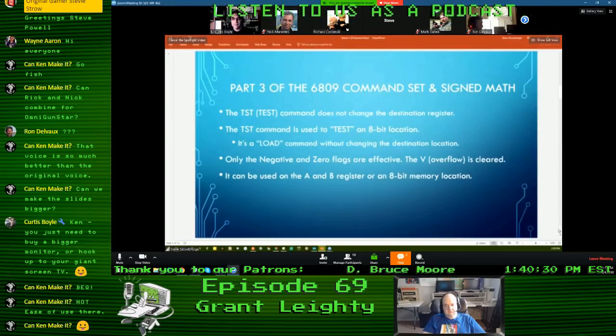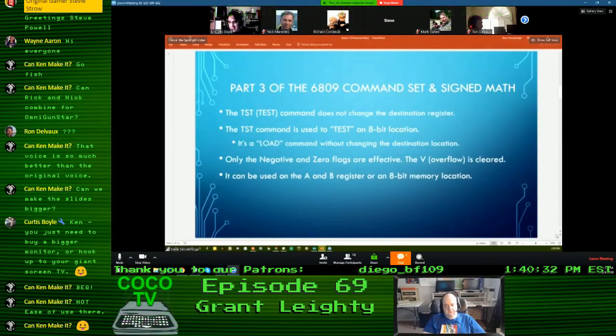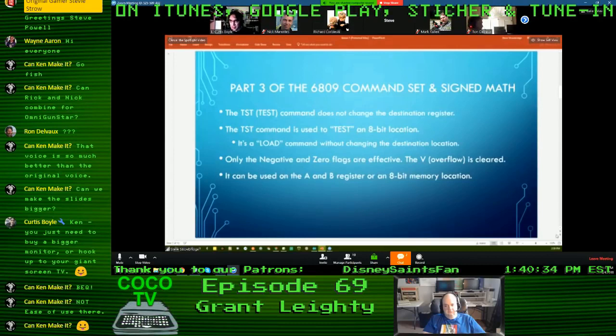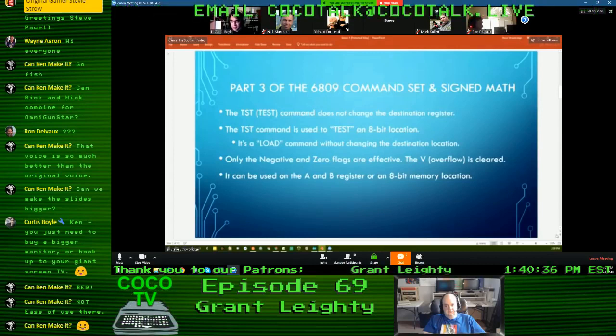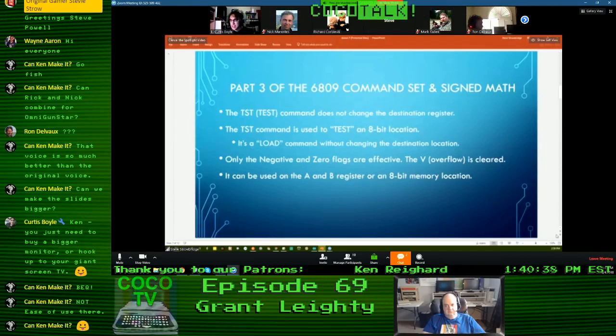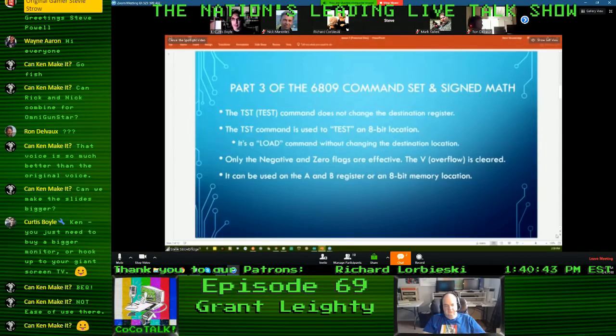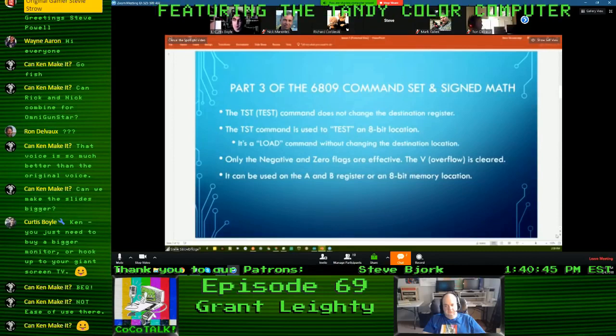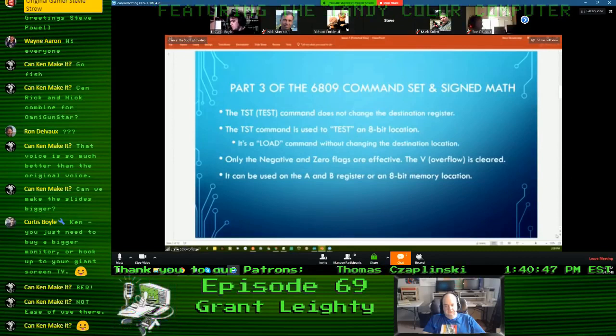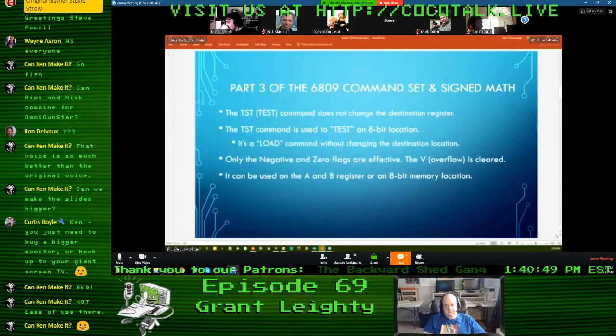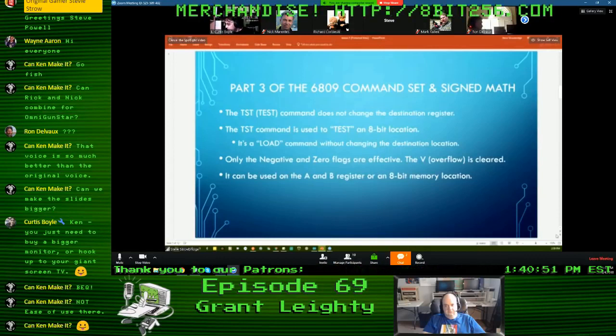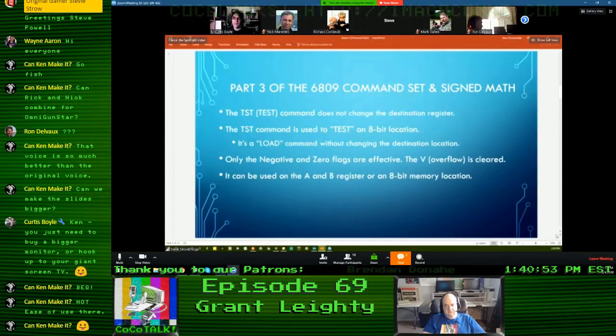One thing I would mention about test, because some people might ask why wouldn't you just use compare, because you can compare with 0. The test is actually a little bit shorter and a little bit faster because it checks against less things. Exactly. It essentially just loads in the information to see if it's 0 or negative, where the compare instruction is comparing 2 locations together.